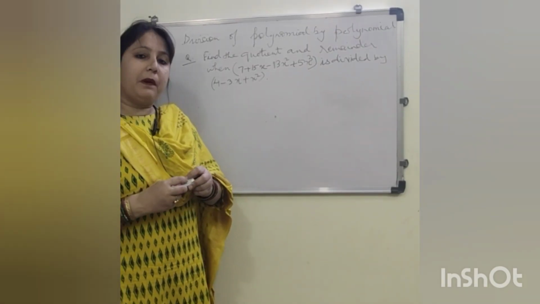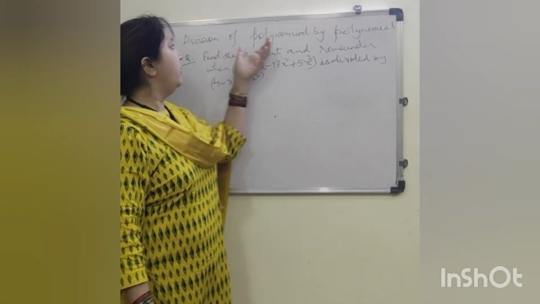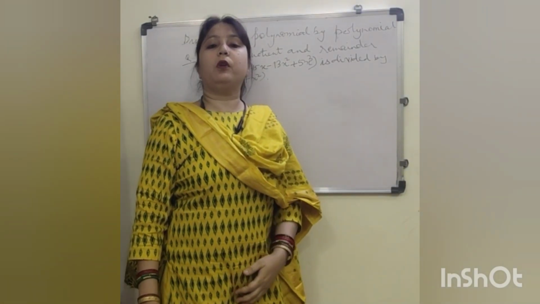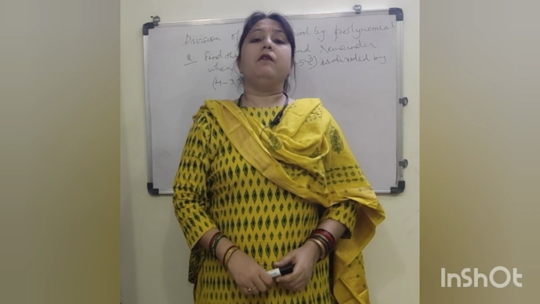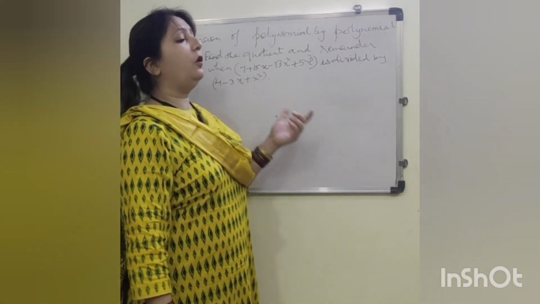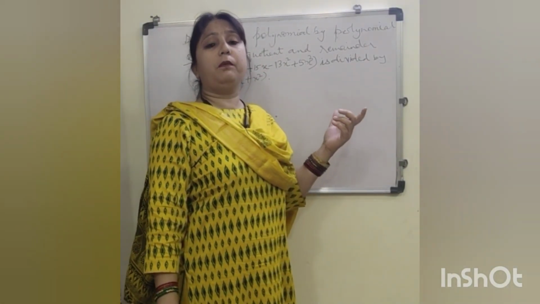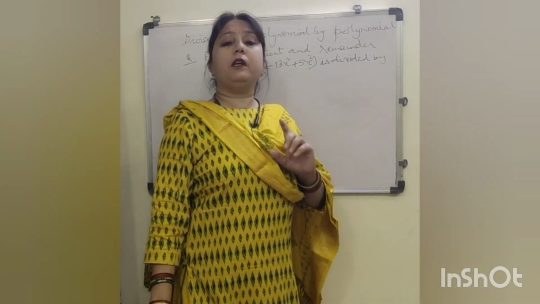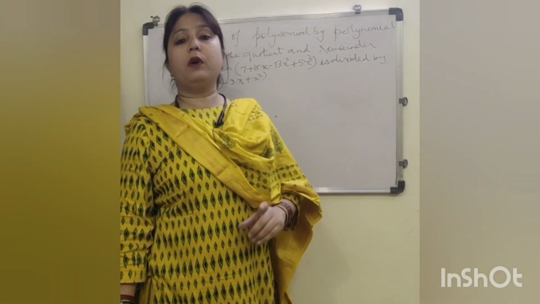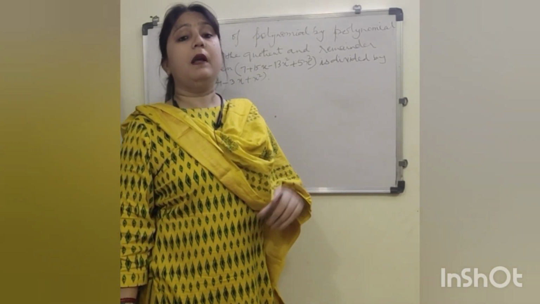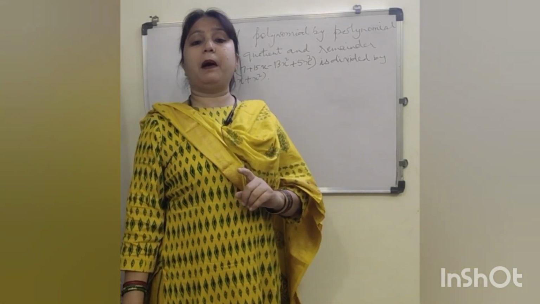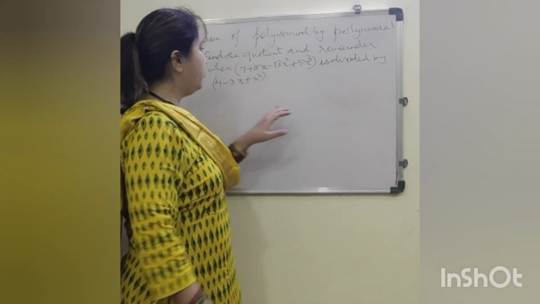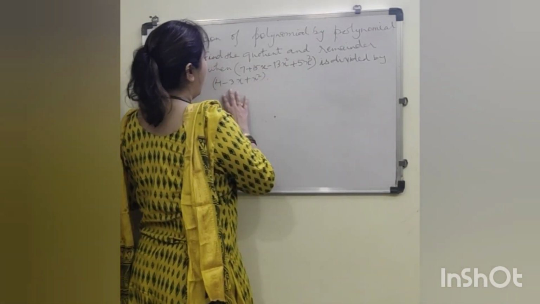Now in the next part of the video we have division of polynomial by polynomial. Children, here I want to make you clear, when you do division of polynomial by a polynomial, first of all ensure that they must be arranged in a descending power of variable. Can you see these two expressions? Are they arranged?